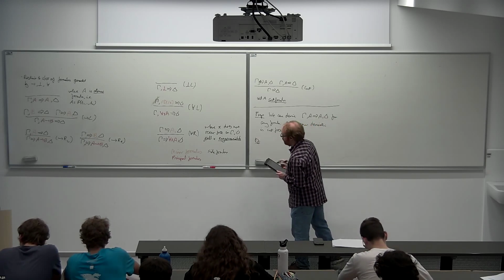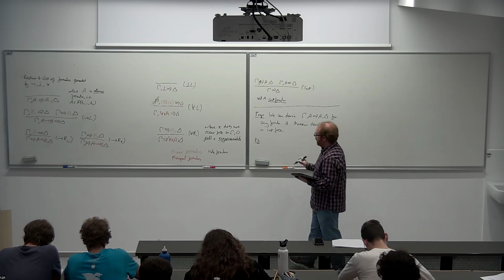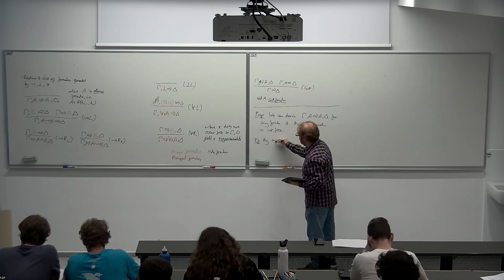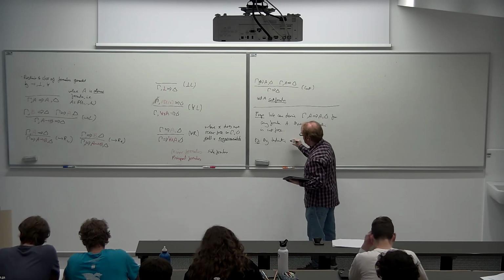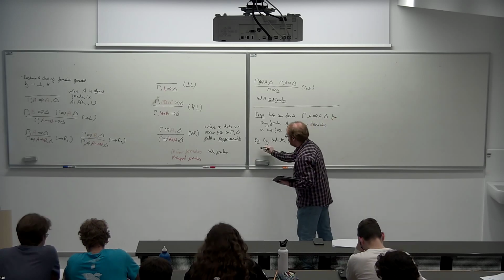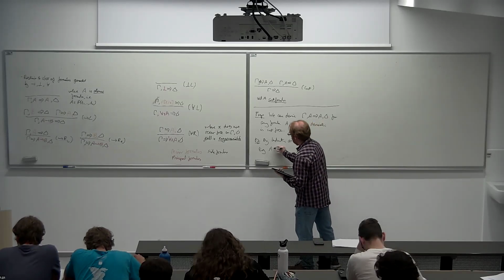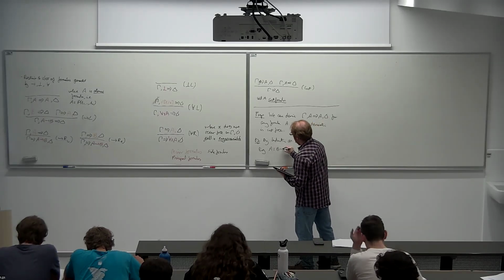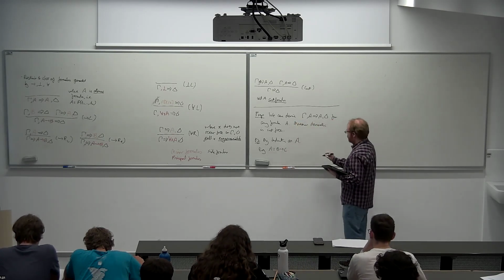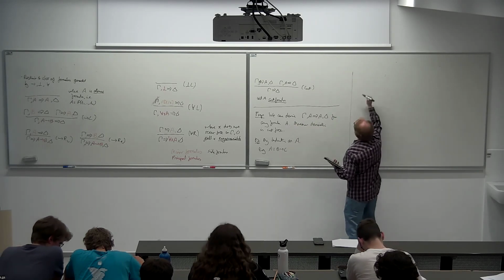I won't give a complete proof for this or for anything, but the basic idea is to do this by induction on the formulas A. So, for example, if A is of the form B implies C, start again up here.